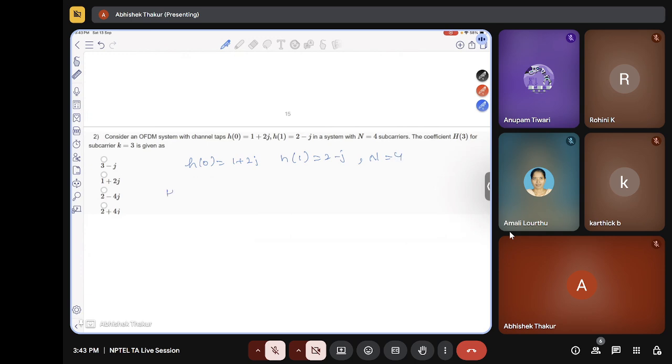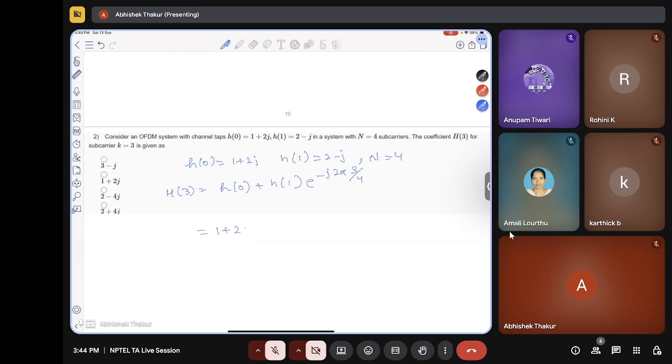So the coefficient H3, for k equal to 3, is asked. So we'll use the formula. It will become H0 plus H1 e to the power of minus j 2 pi k by N, where k is equal to 3 and N is equal to 4.